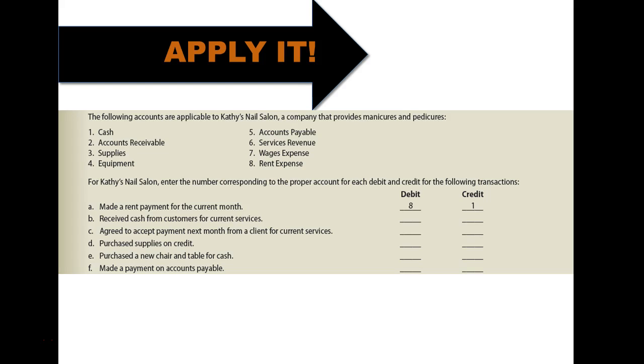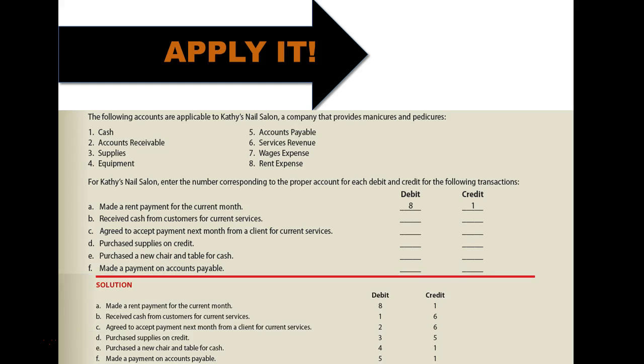Equipment gets debited. What gets credited? F, made a payment on accounts payable. What gets debited? Accounts payable. What gets credited? Good, guys. This is awesome.